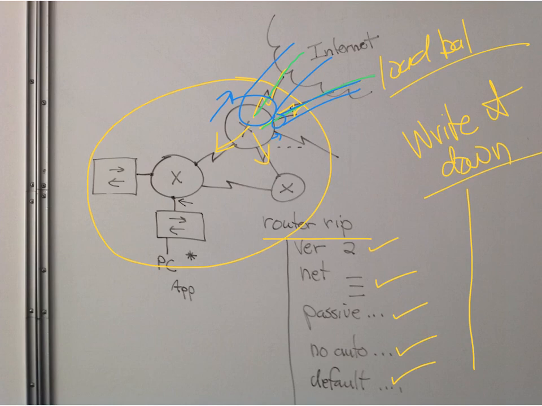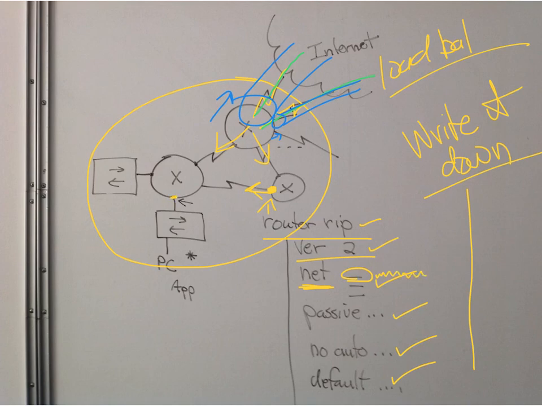Okay? Now, when using router RIP version 2, when we say network, 2 things happen. First thing is we're going to advertise our routing table out that network, and that network is going to be advertised. That interface that it's connected to, it'll send updates out of.